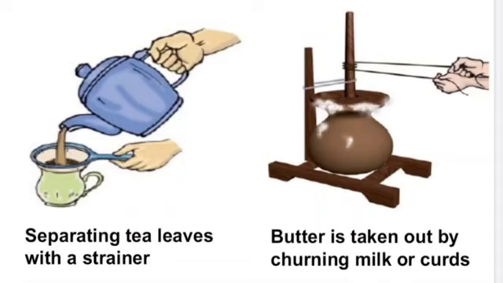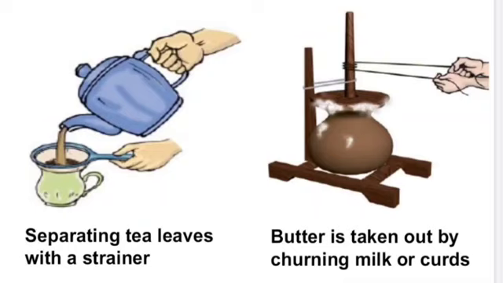And the second picture shows that milk or curd is churned to separate the butter. Means butter is taken out by churning milk or curds. It means these are some separation techniques that we use in our daily life.